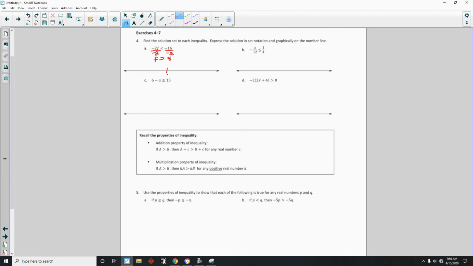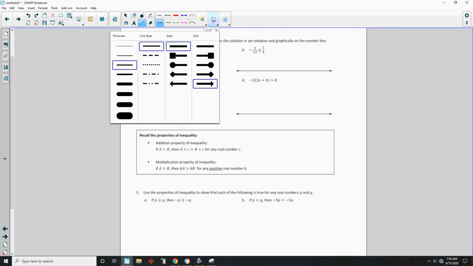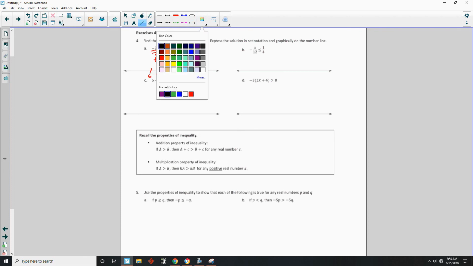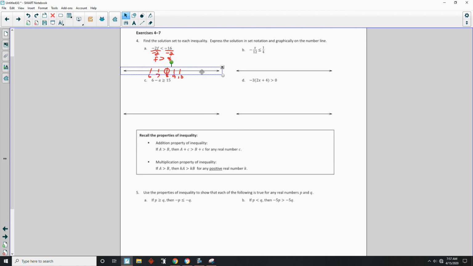So when I graph this, I would have an 8 here, and then I just put a couple more on each side. 9, 10, 7, 6. It's not equal, so I'm going to open circle it, and then I go up, choose my arrow, thicker, redder, and here we go. I see what happened.